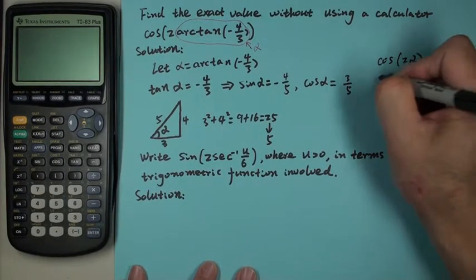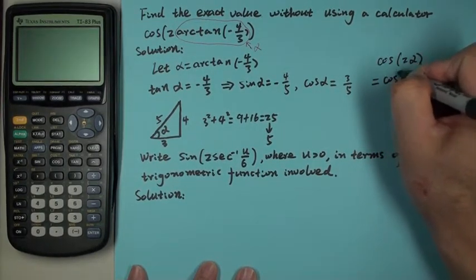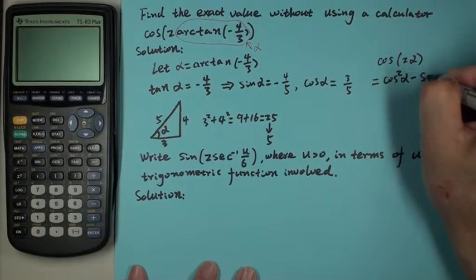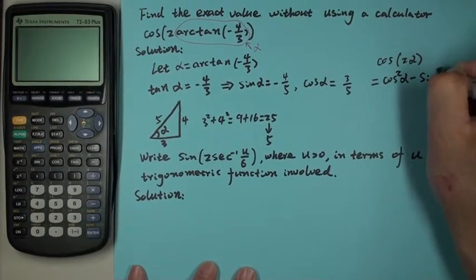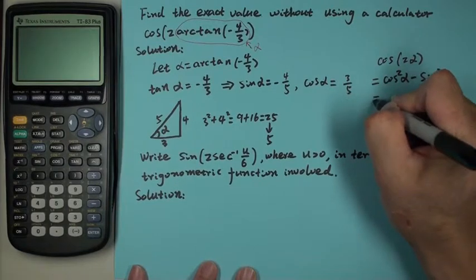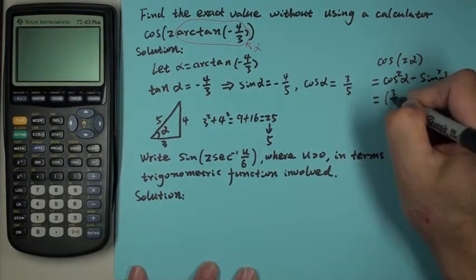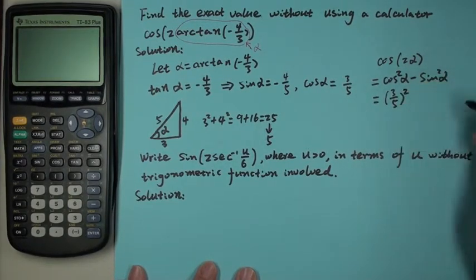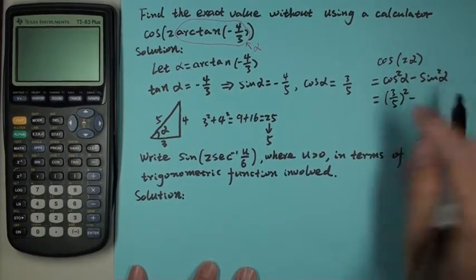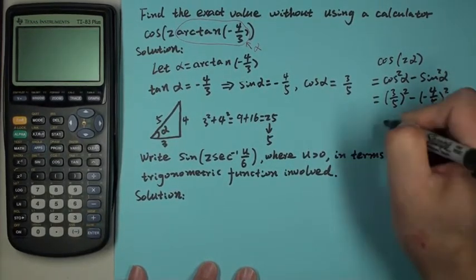Now, we will use the double angle formula: cosine squared alpha minus sine squared alpha. Cosine alpha we know is 3 over 5, squared. Sine alpha we know is negative 4 over 5, squared.